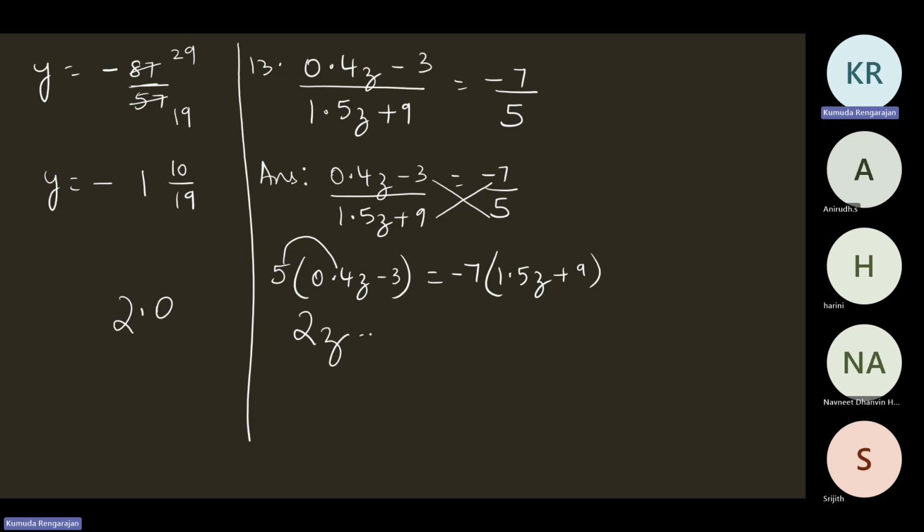2z minus 15 is equal to, what is 15 into 7? 15 into 7. Ma'am, 105. Now where do you place the decimal point? Ma'am, between 0 and 5.